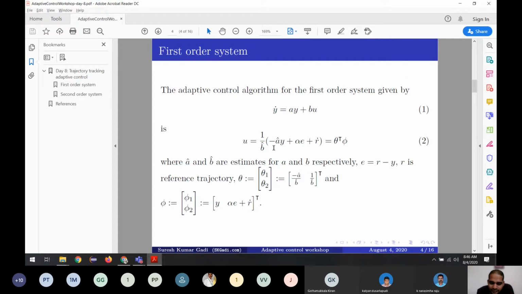Okay, so we have this. Then what we have is this alpha, and this alpha is also not available to us. We have to calculate it during the simulation. And r dot. Here r is the reference we are giving. If you have some reference signal, we have to differentiate it and put it here.